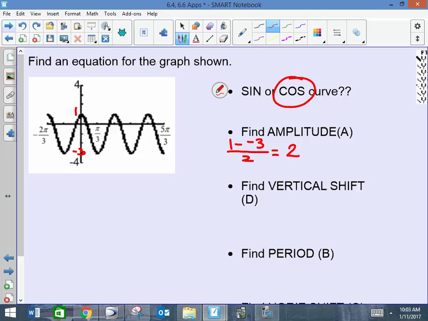How can that be? No, it's right. D is the middle. I know, but the middle's up here. I don't think so. -3 minus. Oh, stupid me. I'm finding the middle down here. Sorry, that's not the middle, that's the amplitude.